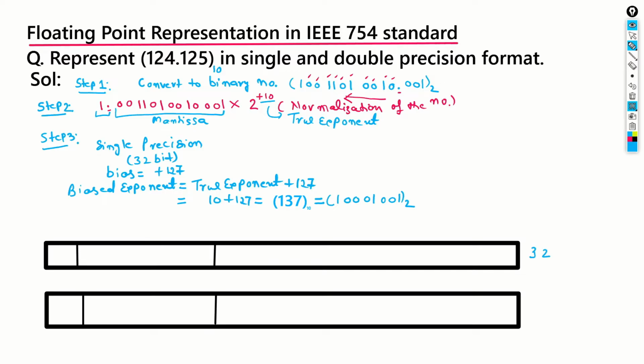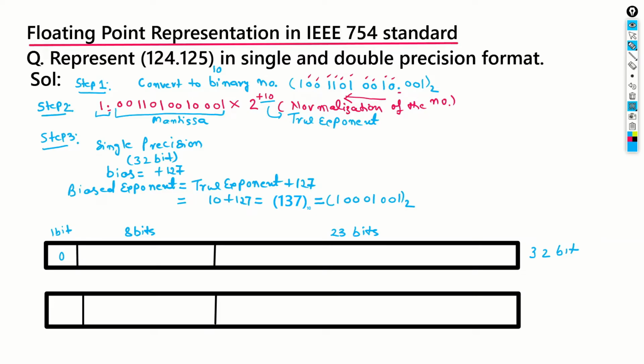Let us see that this is the 32-bit format. So 1 bit is reserved for sign, 8 bits are reserved for exponent, and 23 bits are reserved for mantissa. As the number is positive, the first bit is 0. And 8 bits are used for exponent.